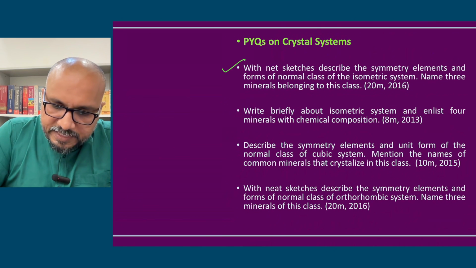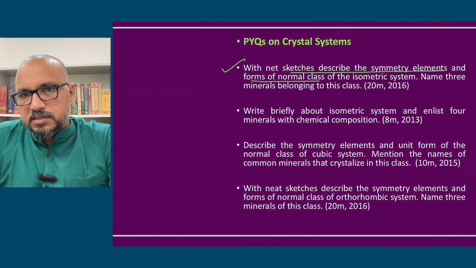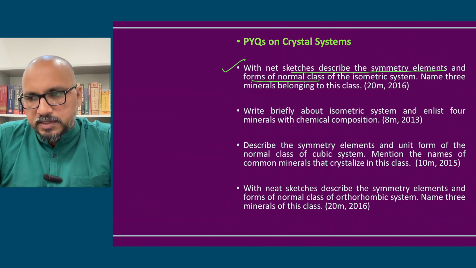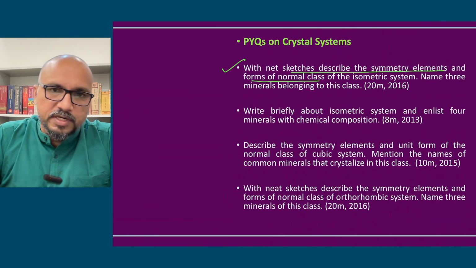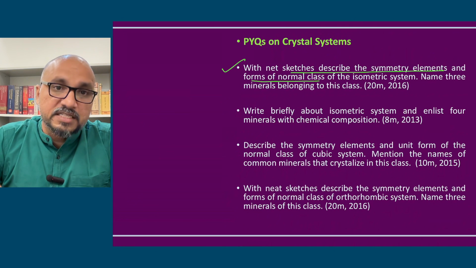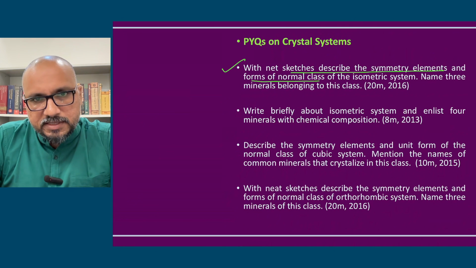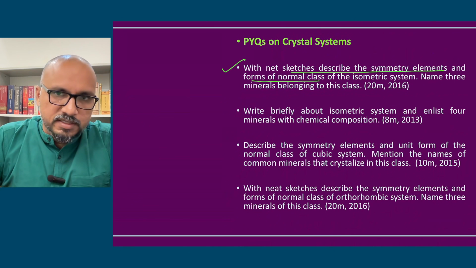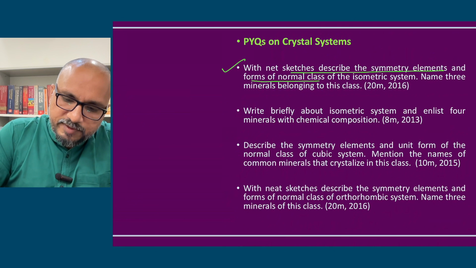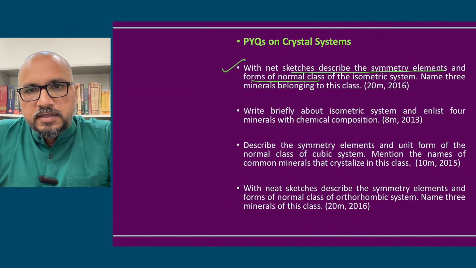So with neat sketches, describe the symmetry elements and forms of normal class. Now, normal class is that particular class which has maximum symmetry elements. So you will be asked to write about the symmetry elements and forms of normal class of different crystal systems.